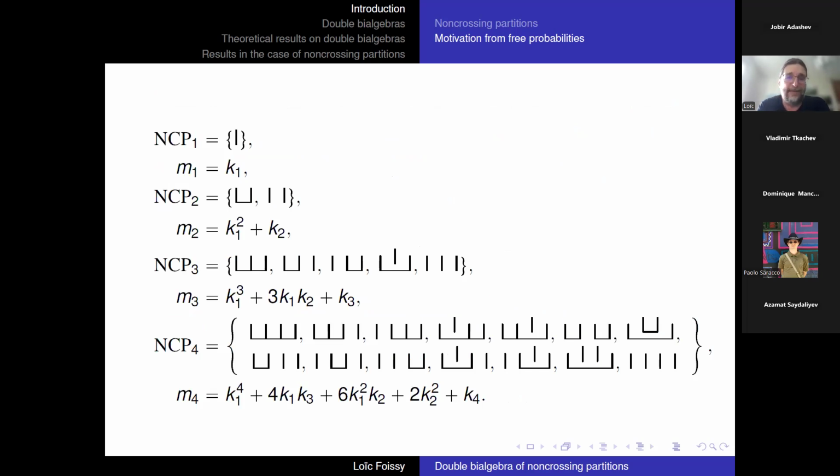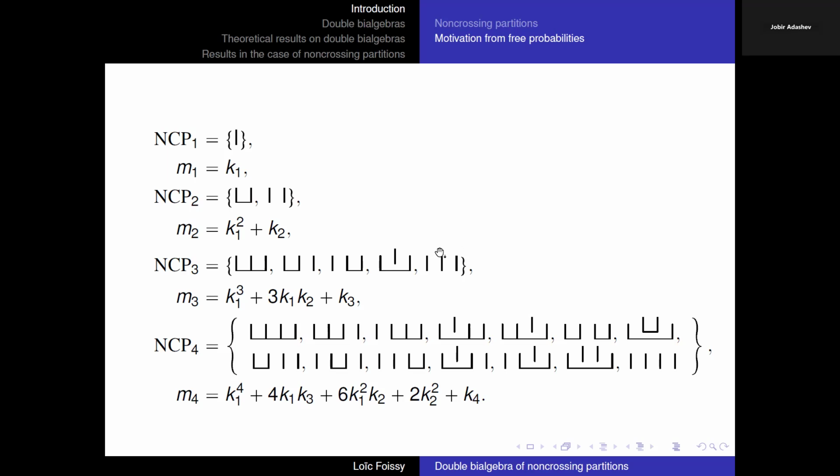So I detail these relations. For example, for n equal 3, you have 5 non-crossing partitions. This means that the third moment is the sum of 5 terms. This term has 3 blocks of size 1, so this contributes k1 to the power 3.